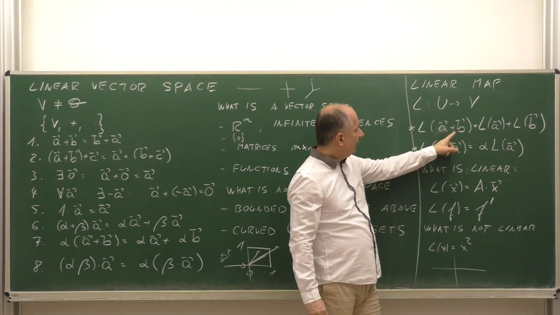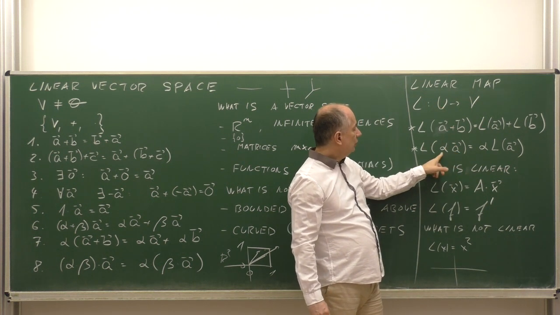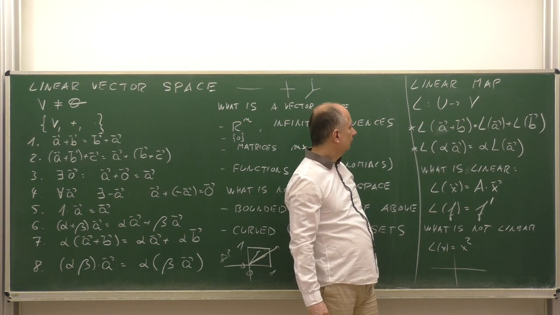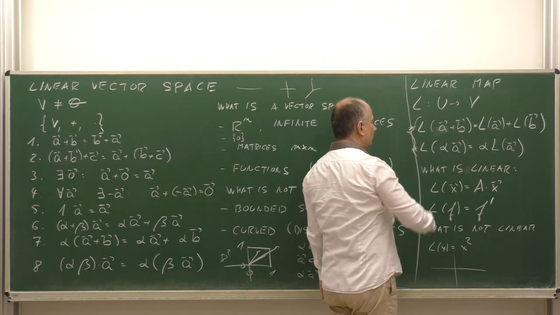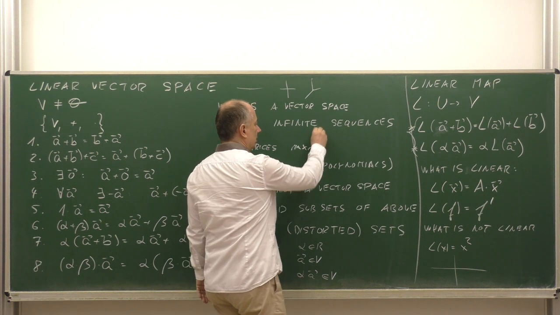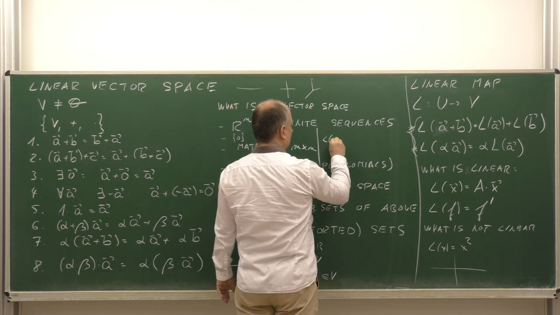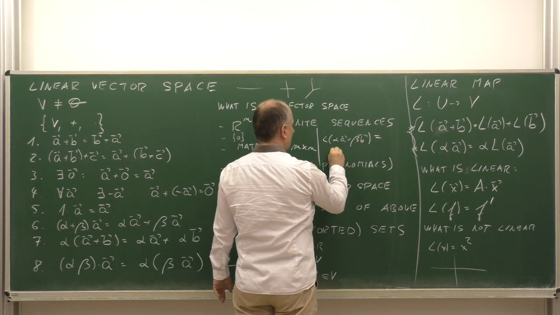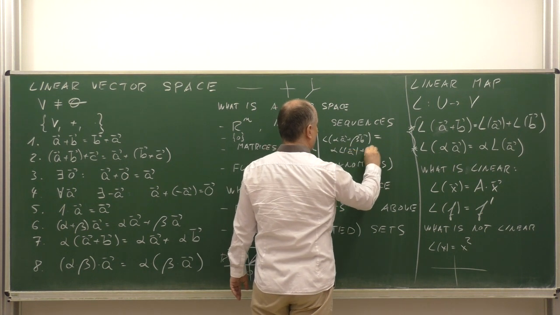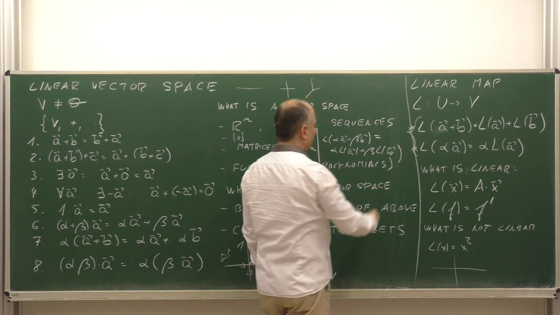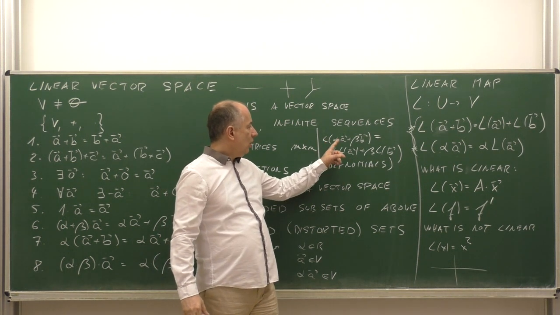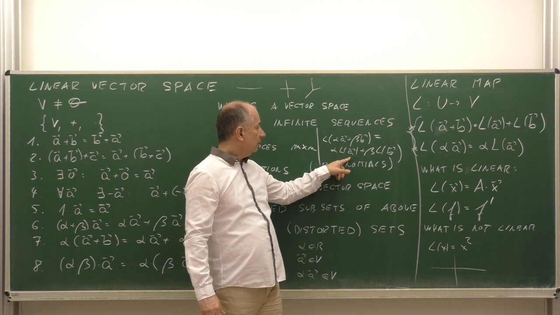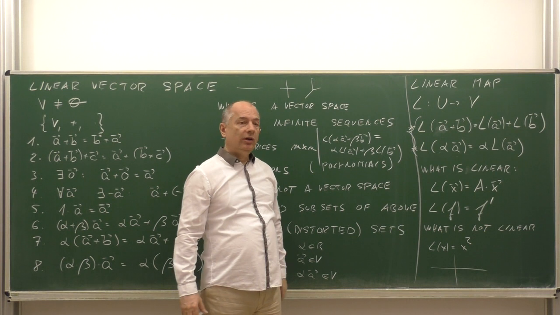And this should be true for any A and B from the set U, and for any alpha from R. Actually, we can write these two short conditions as one longer: L(alpha A plus beta B) is equal to alpha LA plus beta LB, which can be read as: the map of a linear combination is equal to the linear combination of the images with the same coefficients.